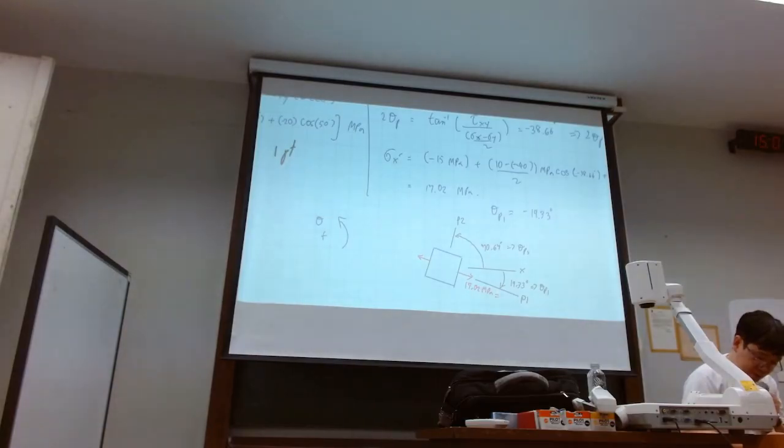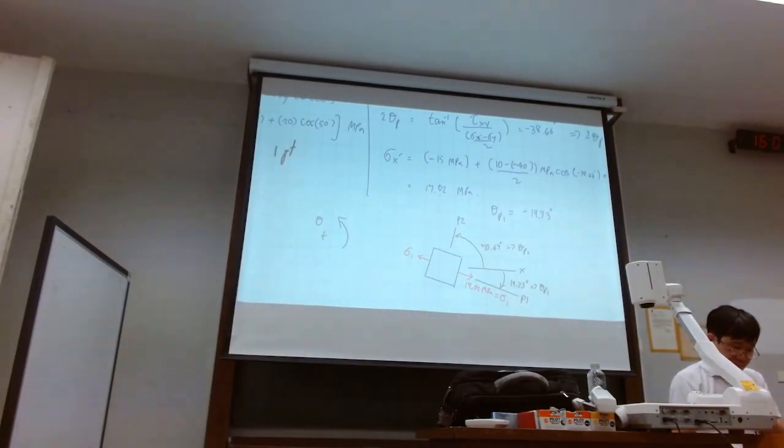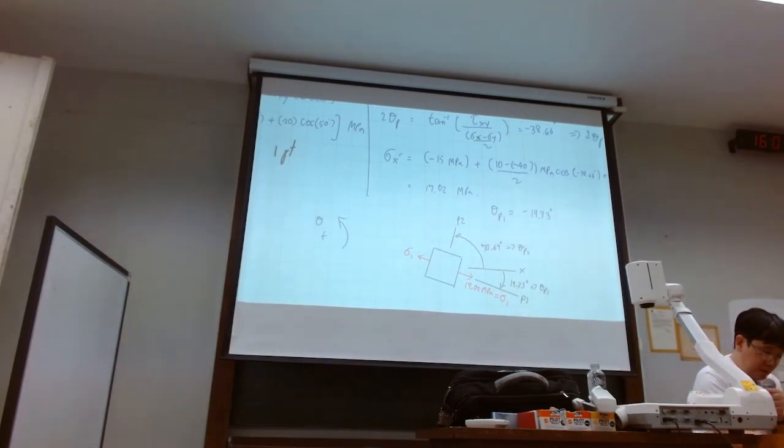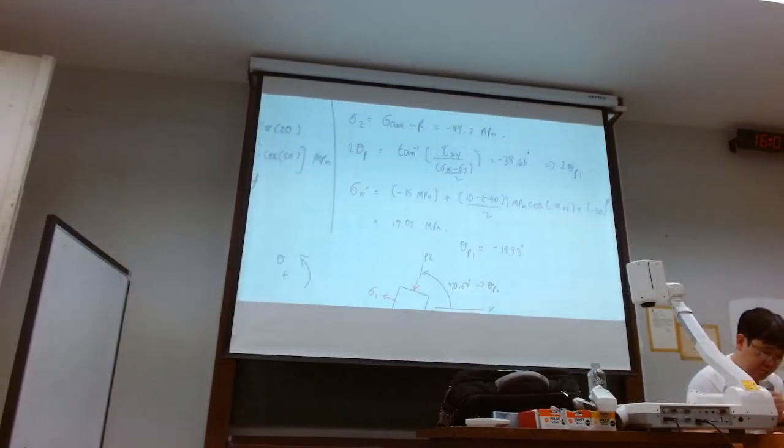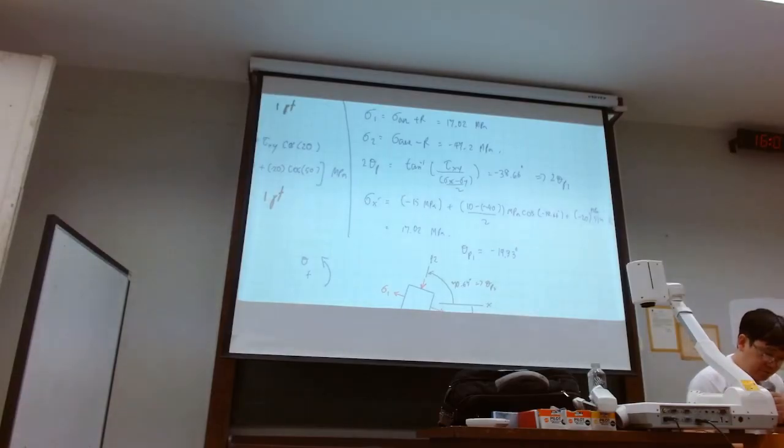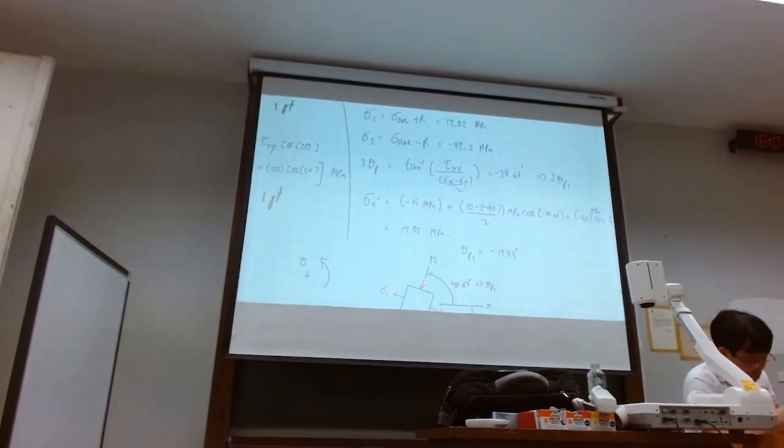And this is your sigma 1, and your sigma 2. 47.02. So, wait, is it 0.02 or 0.2?